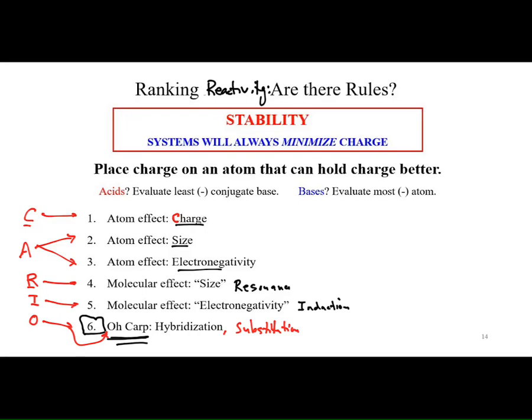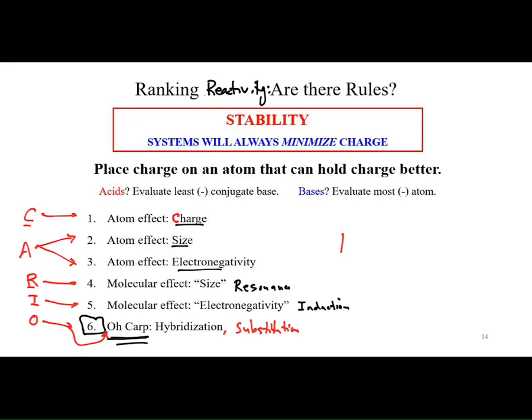Okay? When looking at acid-base strength, we have to realize that acids and bases are opposites of each other. These 6 rules that we're looking at are just the things that you should be looking at to evaluate based off of the definition of acid or base. When we look at acids, we typically evaluate the conjugate base.